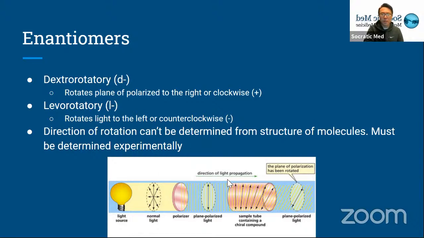So for enantiomers, one enantiomer will rotate light a certain amount, and then its enantiomer, which has the opposite configuration, will rotate the same degree, but in the opposite direction. So just remember that enantiomers have the same connectivity, but opposite configurations at every chiral center, and that causes them to rotate light the same degree, but in opposite directions. So that's enantiomers.